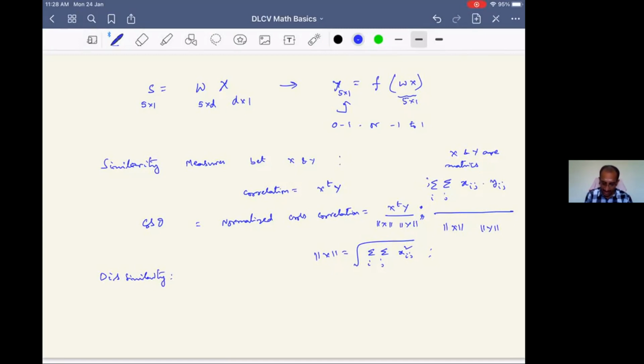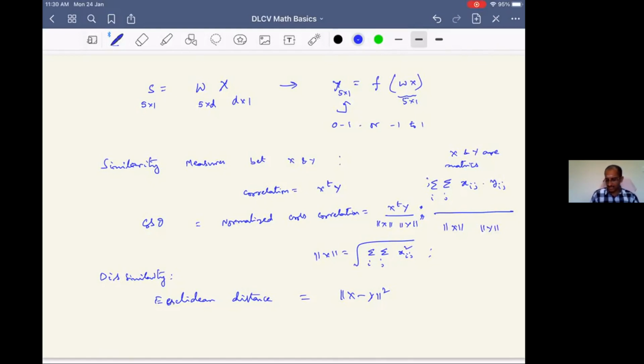how do you measure dissimilarity? One measure is the Euclidean distance, the norm of x minus y, whole square. So one way of measuring dissimilarity is through Euclidean distance.